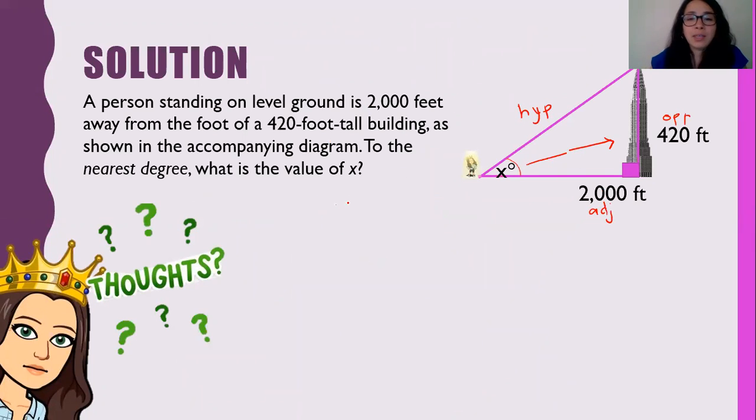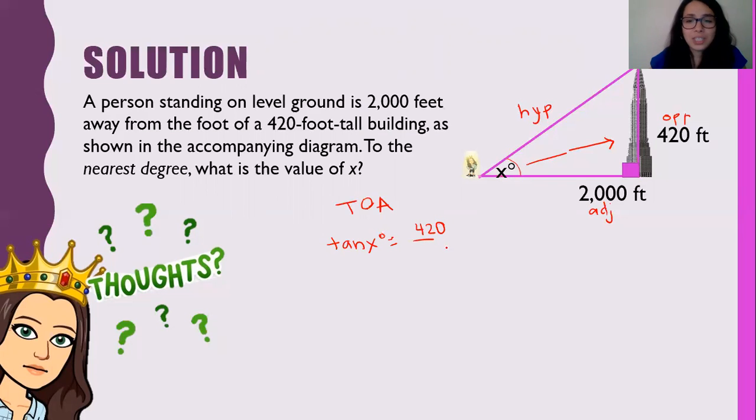If I do the SOHCAHTOA, but I'm not going to do all of that right now because we're running out of time. They gave me opposite and they gave me adjacent. So I'm going to write tangent of X because we don't know what it is yet. We write opposite, which is 420.